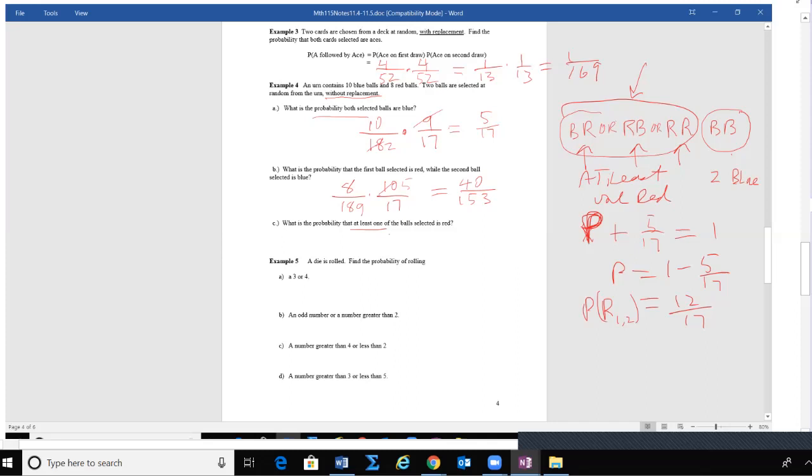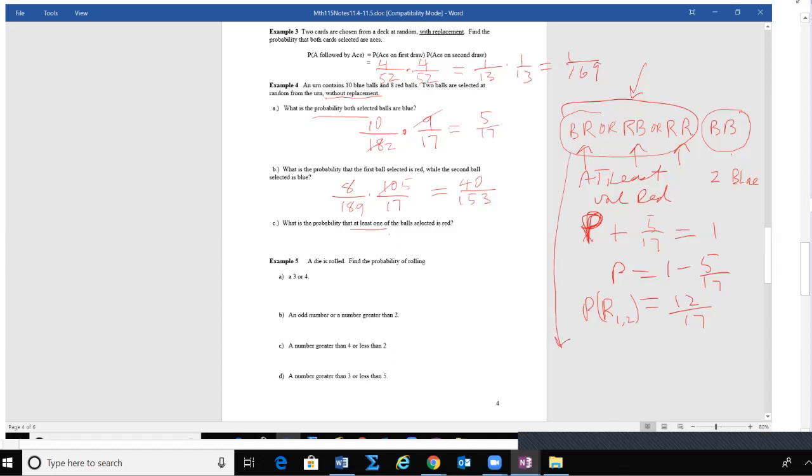That's not possible on the same draw. So you don't have to worry about subtracting any and probabilities in this case. Just figure out those separately. Probability of the blue and red, and then the red and blue, and then the red and red together, in that order. And you should still get the same number, 12 out of 17. So I can show how you can get that if you don't believe me.